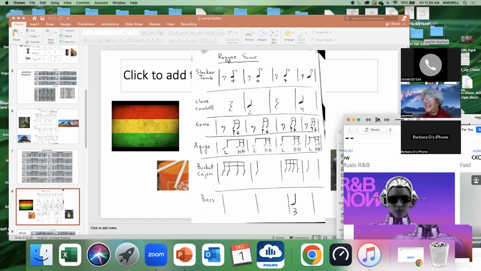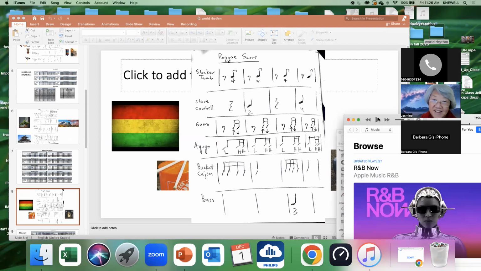The go-go part is similar to the previous rhythm. So some of these rhythms are super common, but you hear how they're totally different when you're in a different genre. A lot of these rhythms are common among different cultures, but it has a totally different flavor.